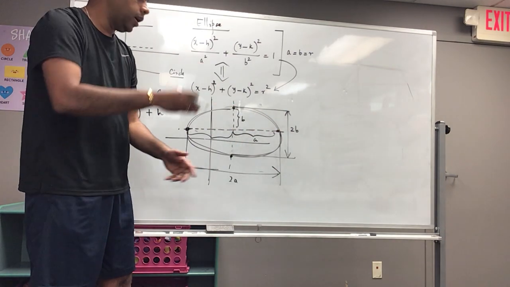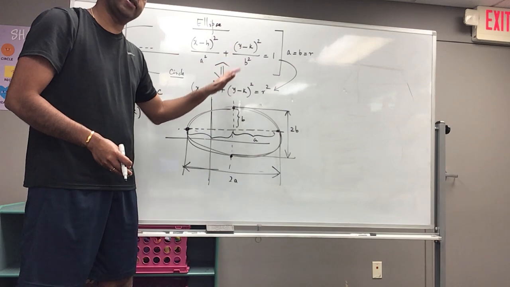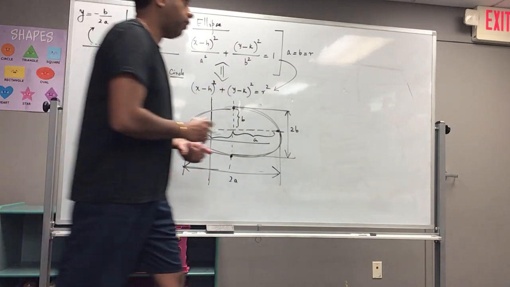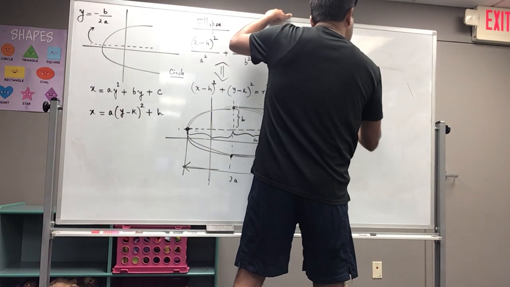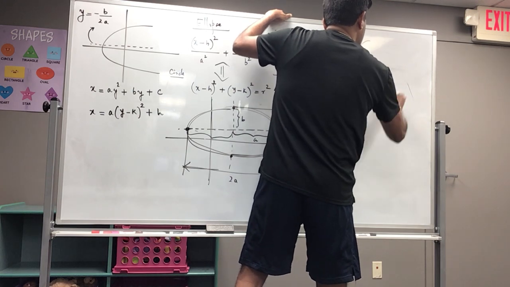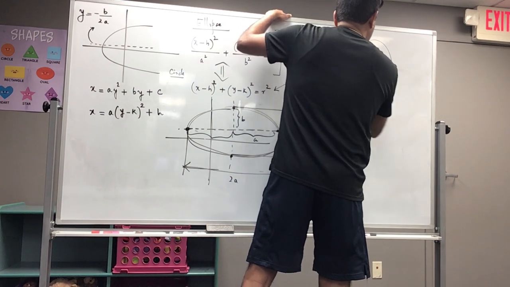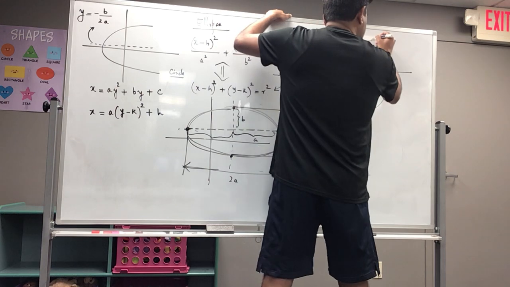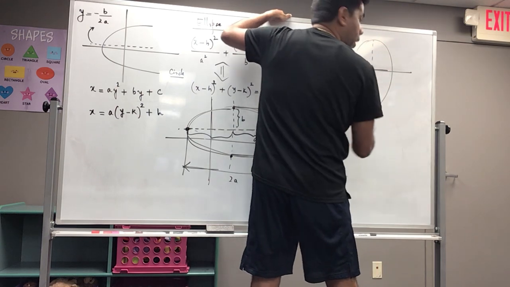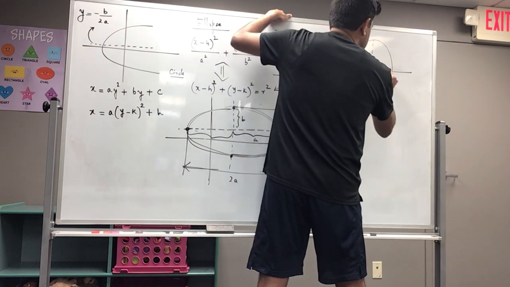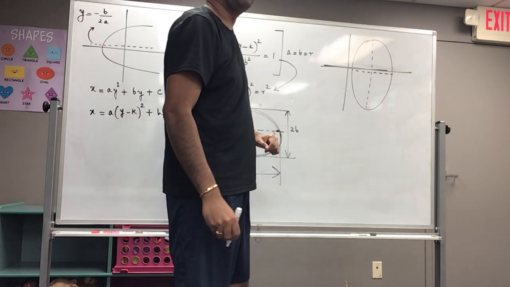If I flip it, then the y direction becomes the major axis, which is 2A. If I flip it like this, then this becomes 2A and this becomes 2B.